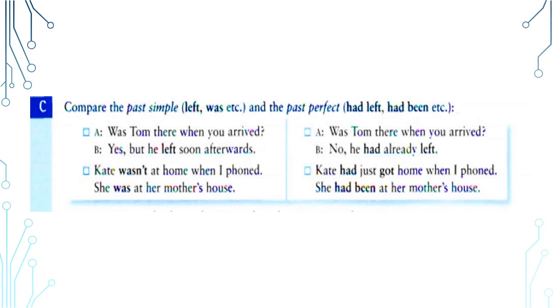So in the past simple, we have two actions at the same time in the past. But the past perfect is something different. With the past perfect, something happened in the past and something happened before that, and it must be used in the past perfect.